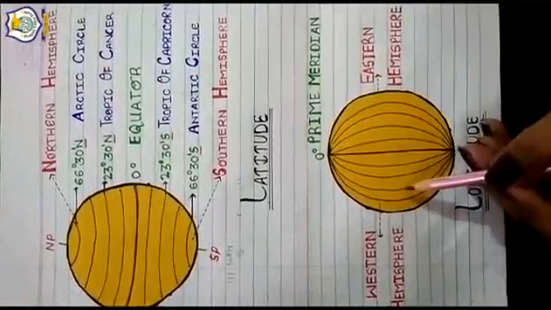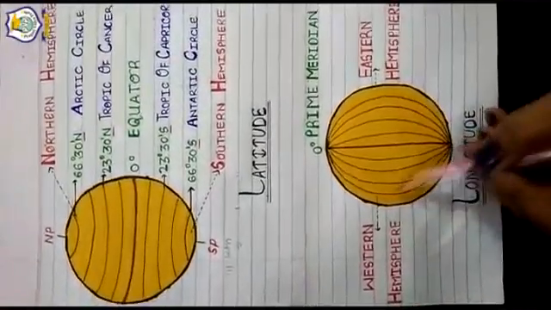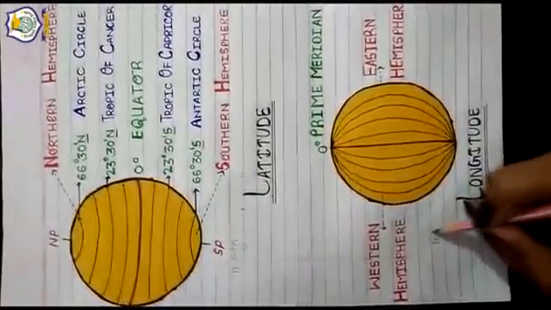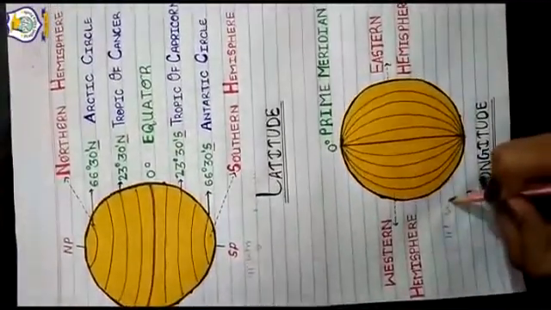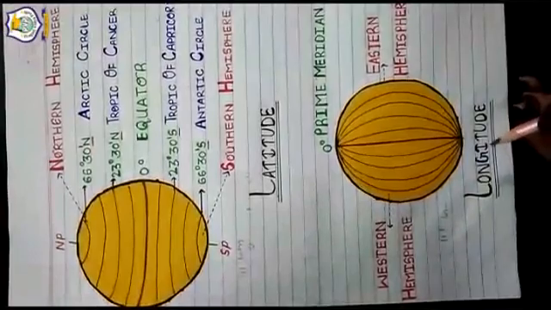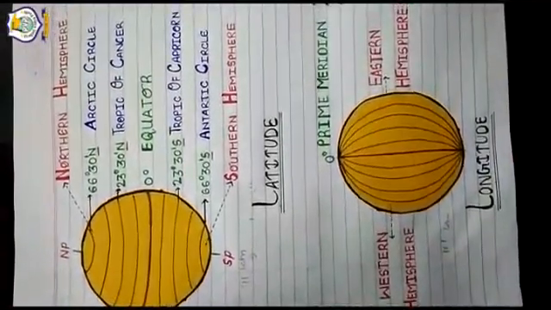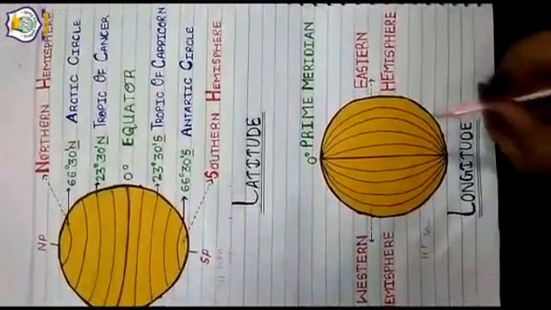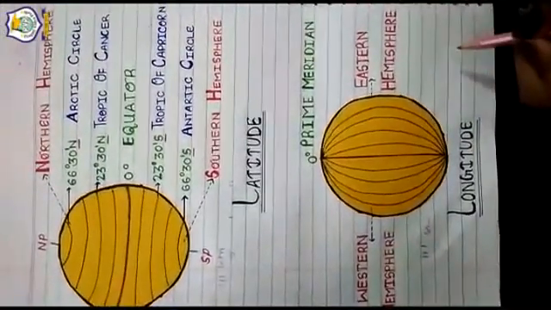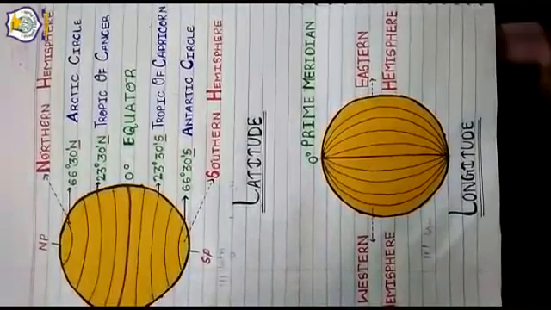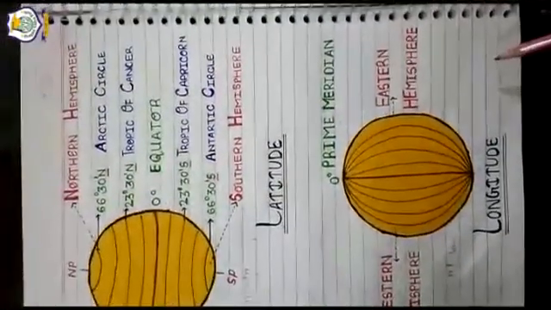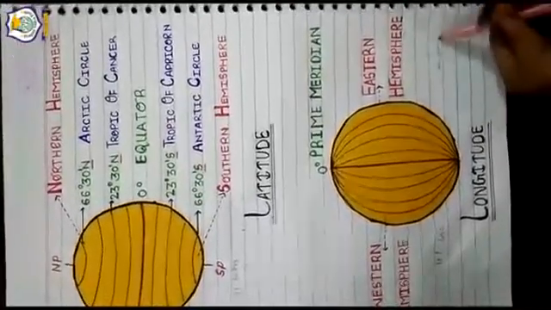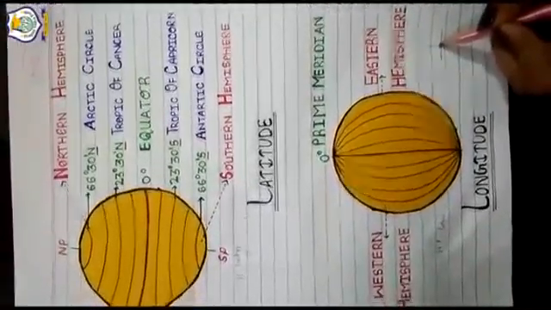We have 180 longitudes in the eastern hemisphere and similarly 180 longitudes in the western hemisphere, and the distance between two longitudes is 111 kilometers, like latitudes. So in total we have 360 longitudes.